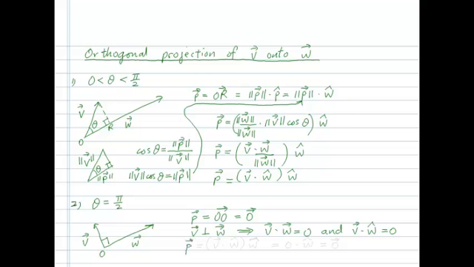Then vector P, we can define it the same way as before, equals vector V dot the direction of vector W times the direction of vector W. Because vector V dot the direction of vector W is 0, and 0 times the direction of vector W is a 0 vector.